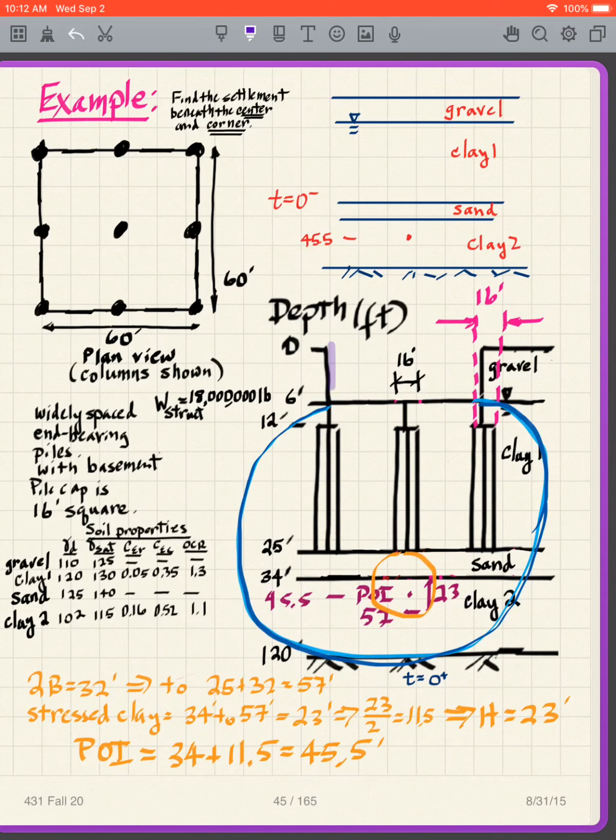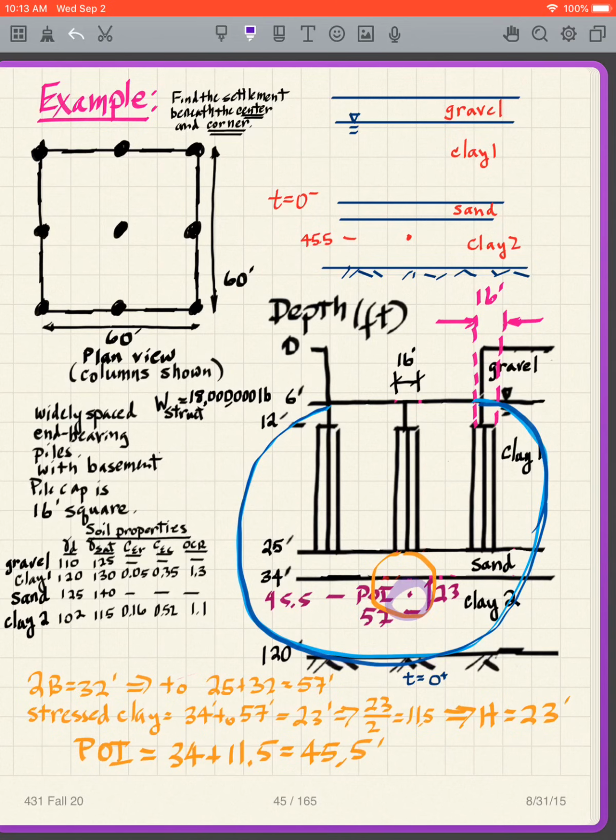Now we also have this 6-foot basement, and so we are going to draw this pressure bulb, and that pressure bulb is 2B, where B is 60 feet, so it's 120 feet, and this is 6 feet, so 6 plus 120 feet, I haven't quite shown it, but it goes just slightly below the rock here to 126 feet.